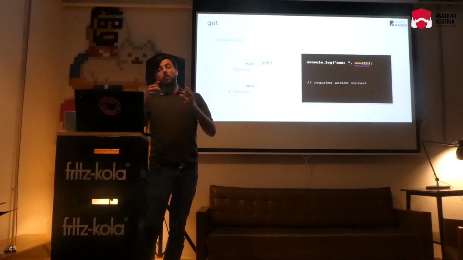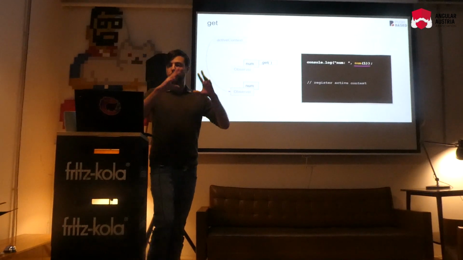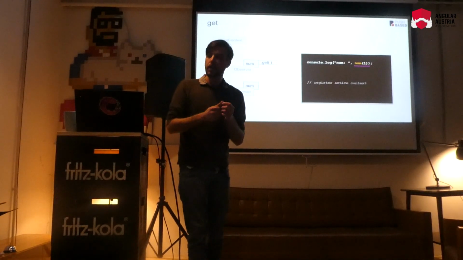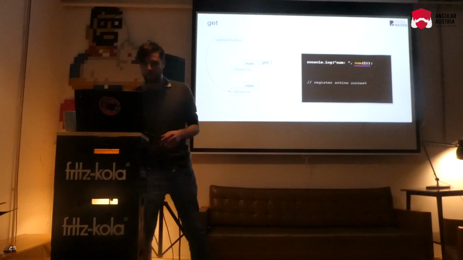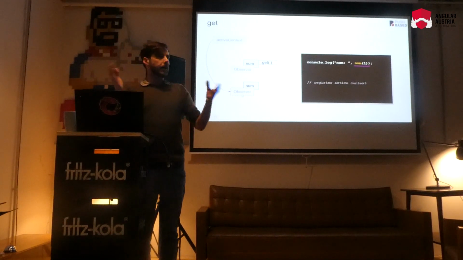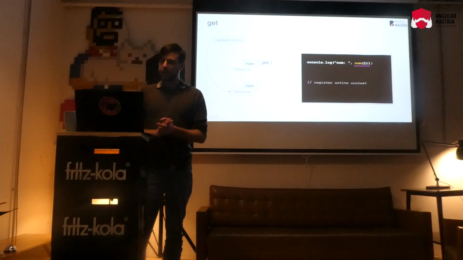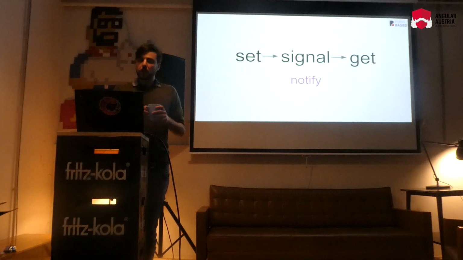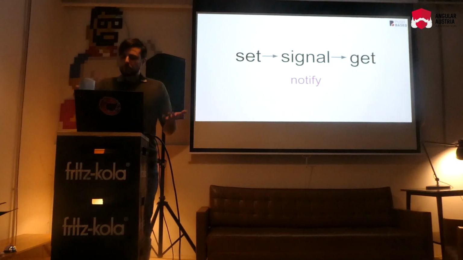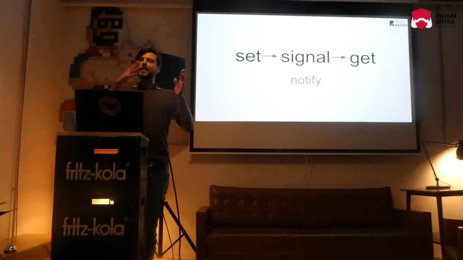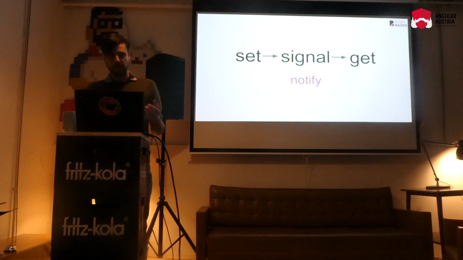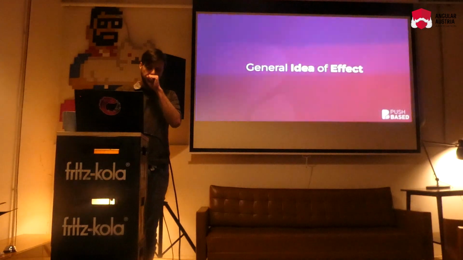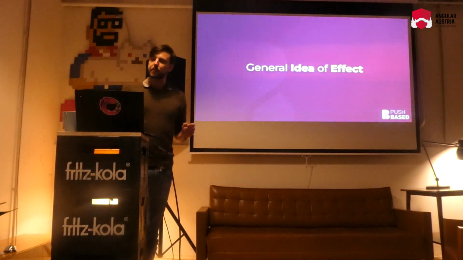At the moment this box at the top is empty, so there is no active context present. I pull in nothing to my observers, so the observers are also empty, and I notify an empty list of observers. Not a lot of magic. But we now know that whenever I set a signal, I also notify the observers of that signal. So what is an effect?